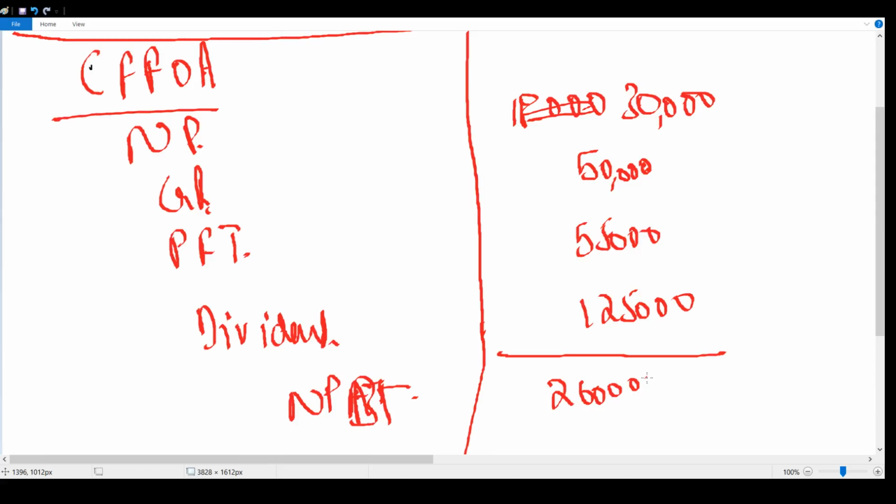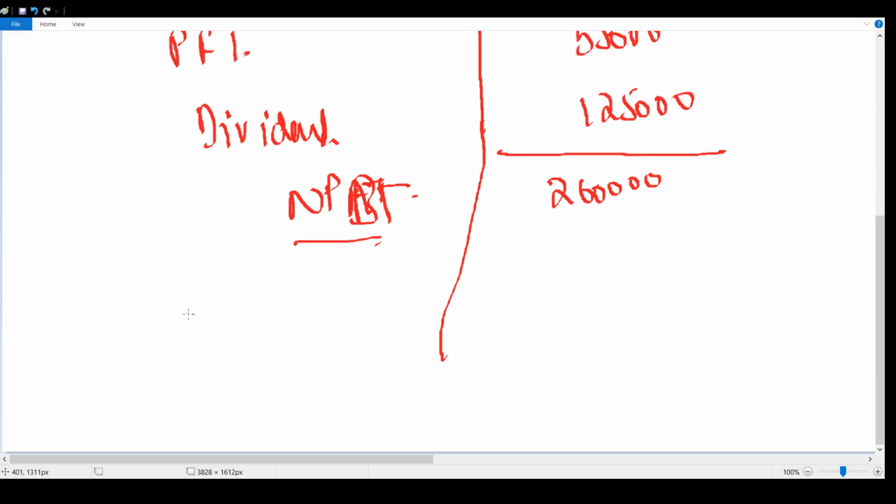Okay, next. Now, adjustment for non-cash items.